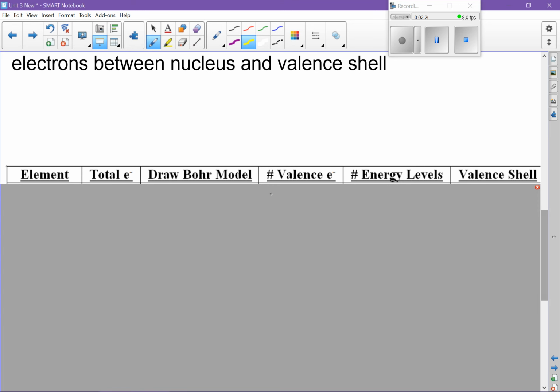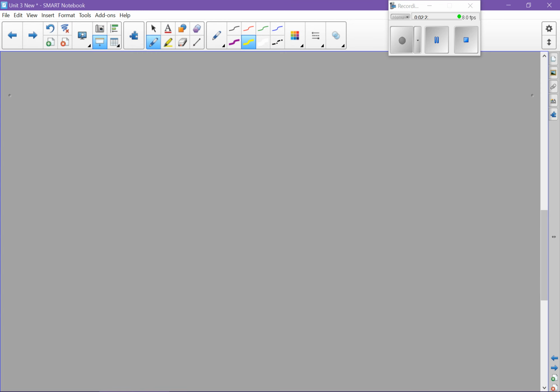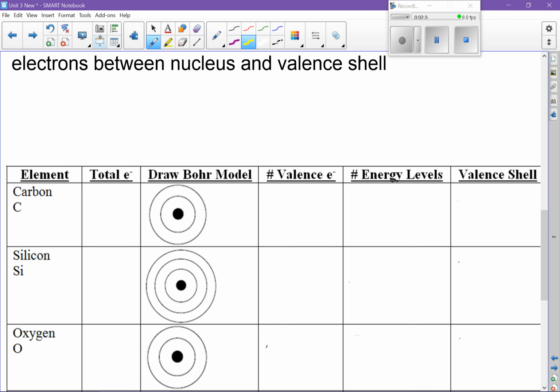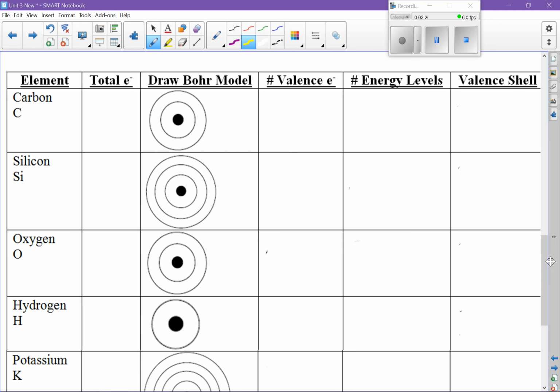So we're going to do a whole bunch of practice here, thinking about those atoms in more detail. So carbon has a total number of electrons. This is a regular atom, so it equals the atomic number. So the atomic number of carbon is 6. So if I was going to put those 6 electrons in, I would put 2 on the first energy level, and then 1, 2, 3, 4.